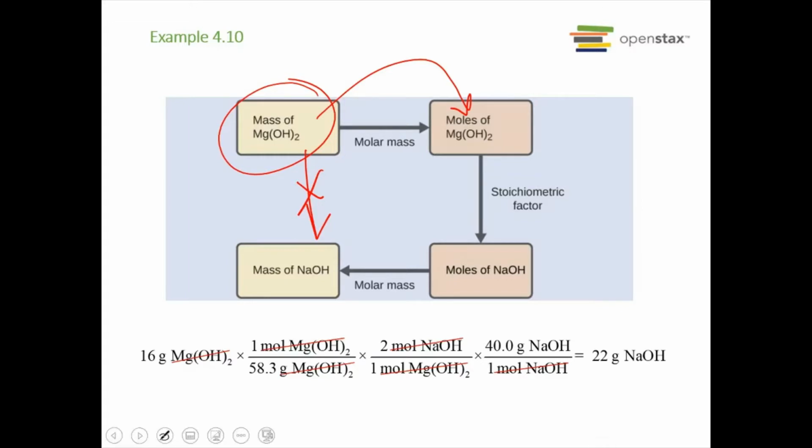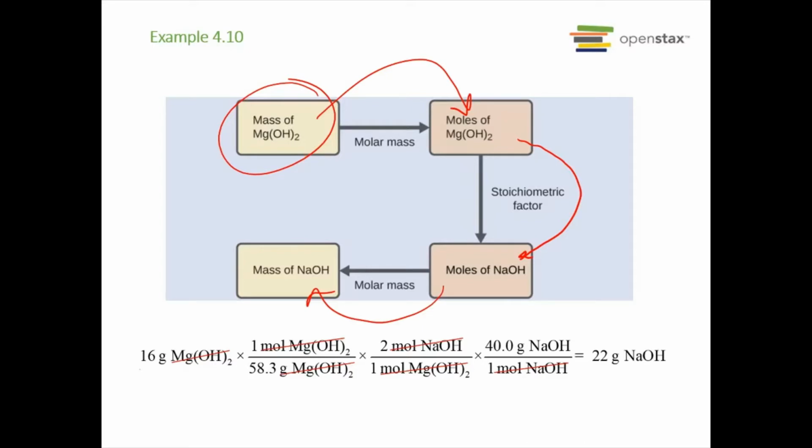And from there, I can go from moles of one to moles of the other, using that stoichiometric factor. And then I can go from moles of B, in this case sodium hydroxide, to grams of it. So you have to calculate their molar masses as well. All right, so there's more steps involved, but this is how we actually do this in a lab.